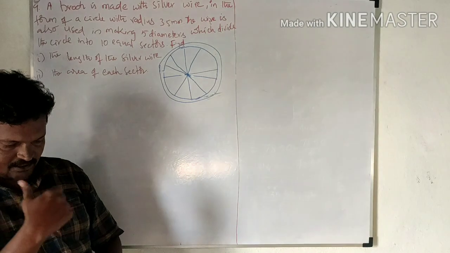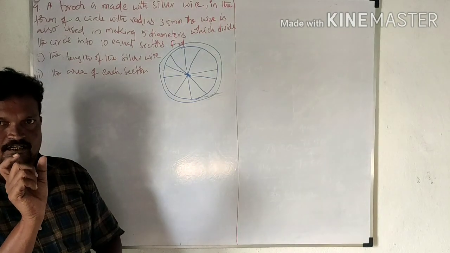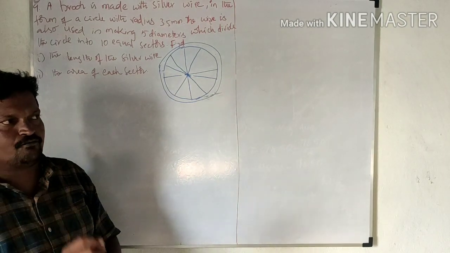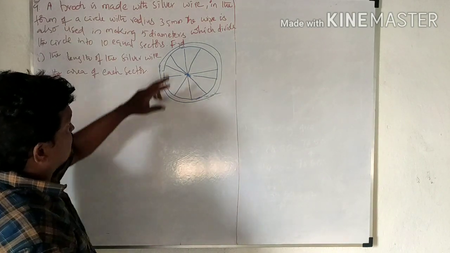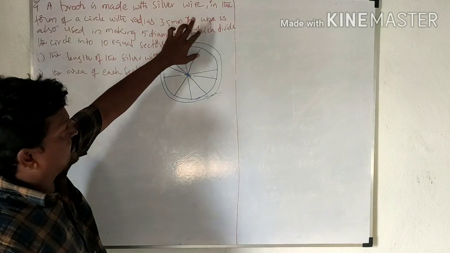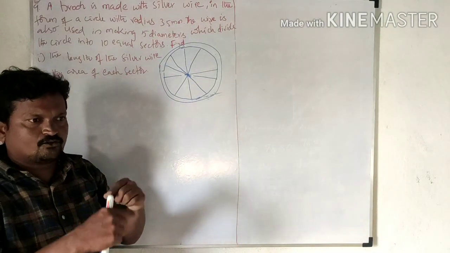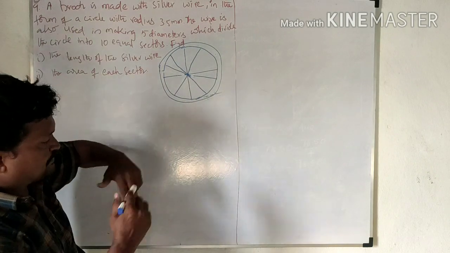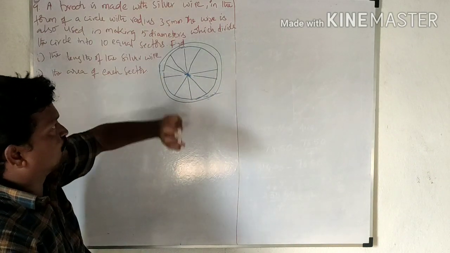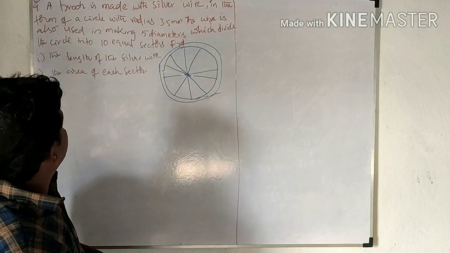Like in a necklace, one dollar will come. All that type of dollars are called a brooch. So this brooch is made with silver only. They made it in the form of a circle of 35 millimeters diameter.